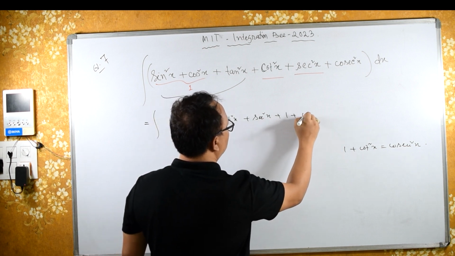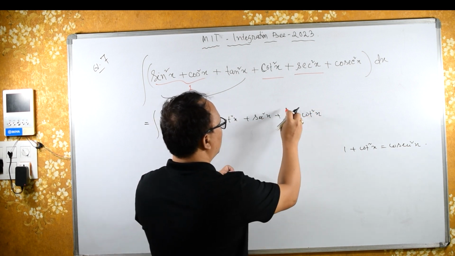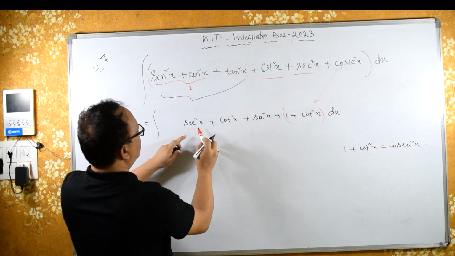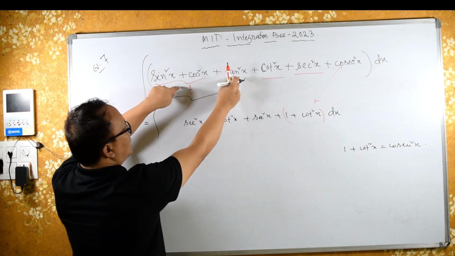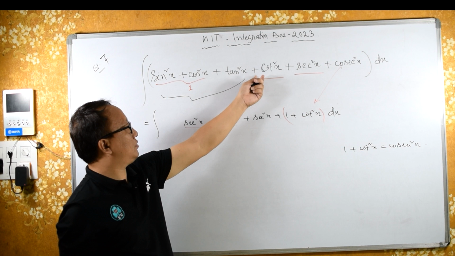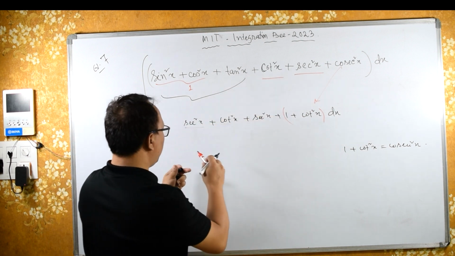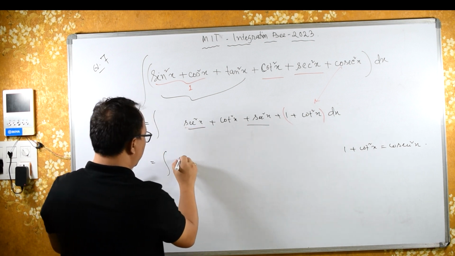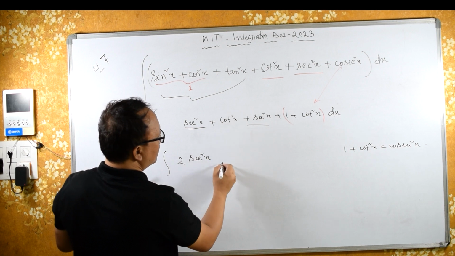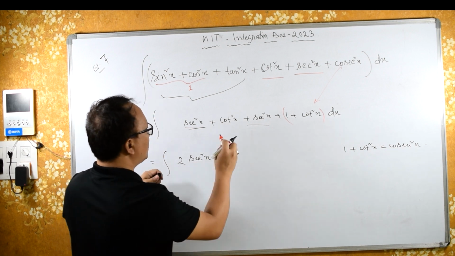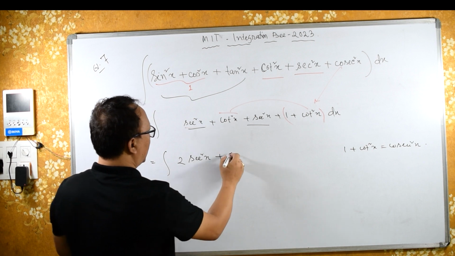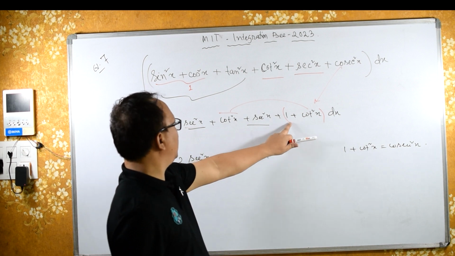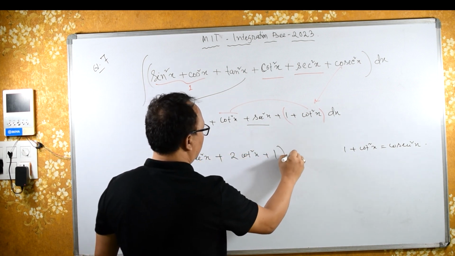Now sec square plus sec square is twice sec square x. Now cot square and cot square, if I add, gives 2 cot square x. What is remaining is only 1 dx.